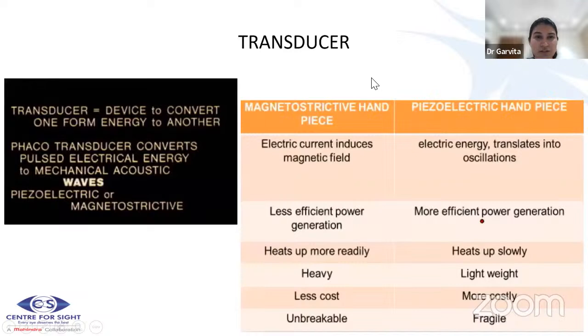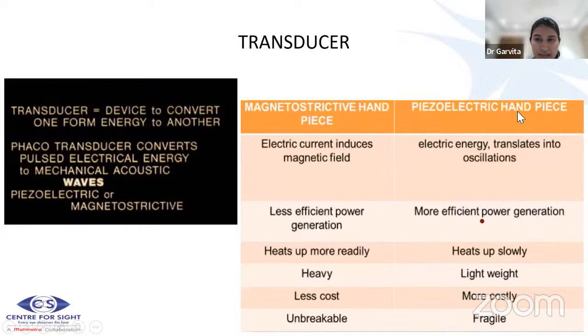What is a transducer? As I said, a transducer is an equipment to convert one form of energy into another. The Phaco transducer converts pulsed electrical energy to mechanical acoustic waves, and can be of two types, piezoelectric or magnetostrictive. The differences between the two are, for a magnetostrictive handpiece, the electric current induces a magnetic field.